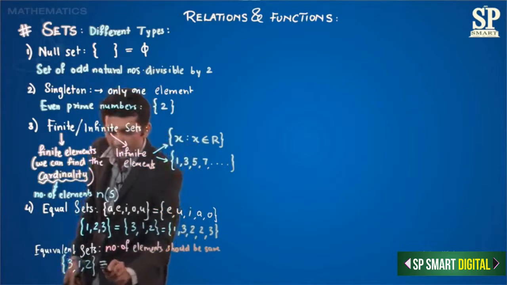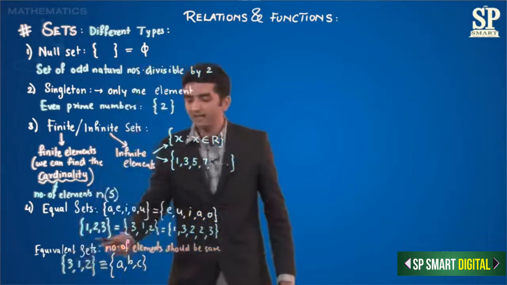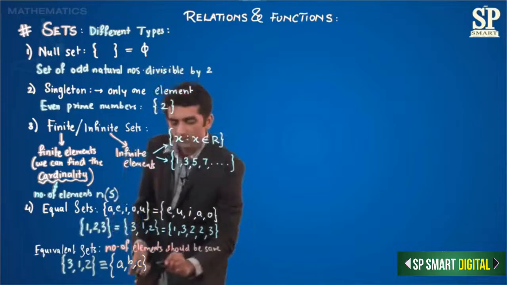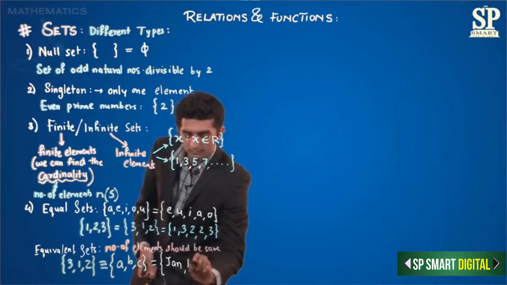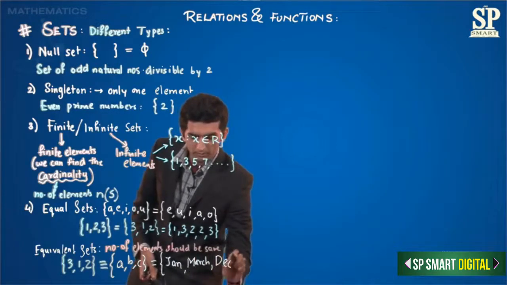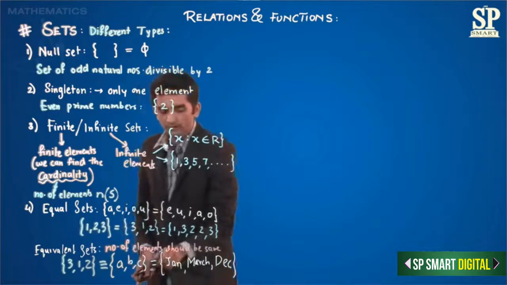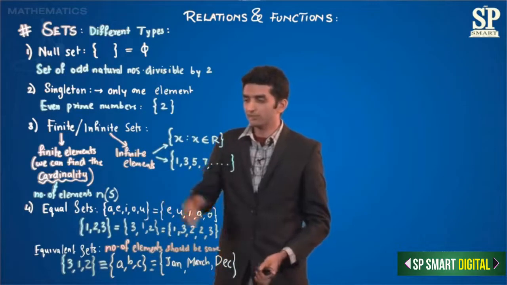But this is an equivalent set to, let's say, A, B, C. Right? Because the cardinality of both these sets is the same, which is 3. So for example, I can have January, March and December. Even this will be an equivalent set to these two, because as we can see, the cardinality is the same on both sides.